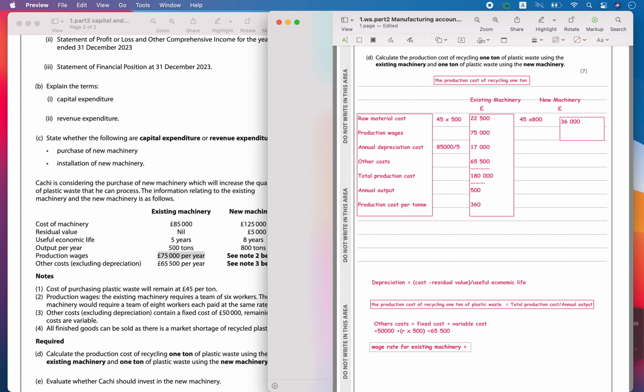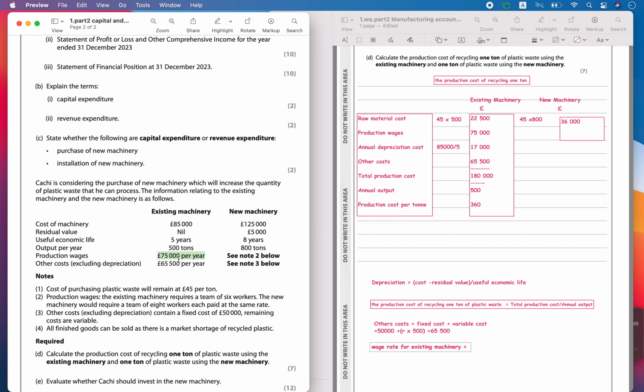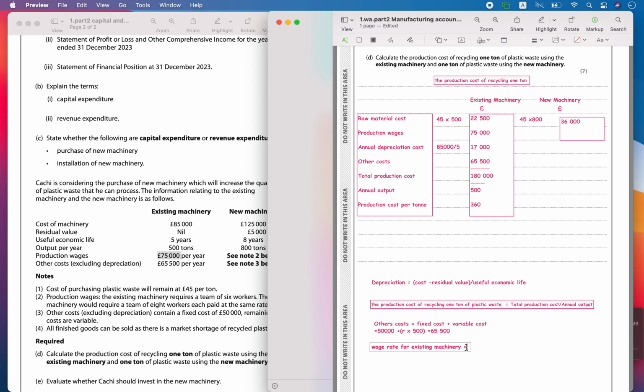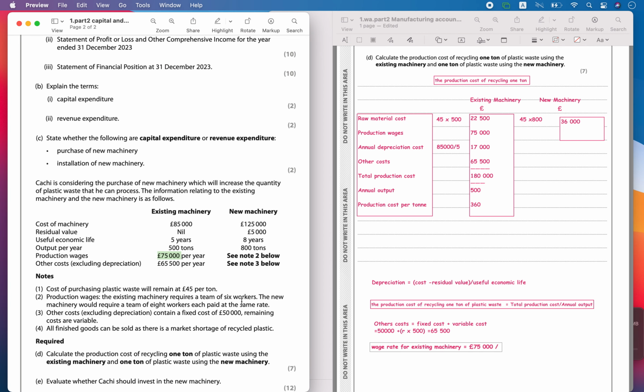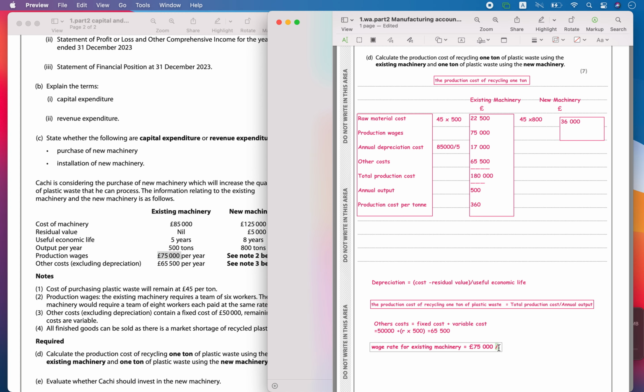That's going to be equal to the total amount paid per year divided by how many people there were. There was a team of 6 members, so 75,000 divided by 6 people. So they were paid at the rate of 12,500.